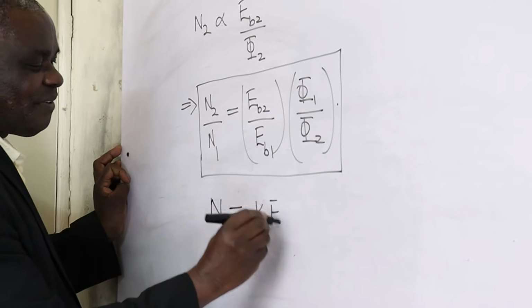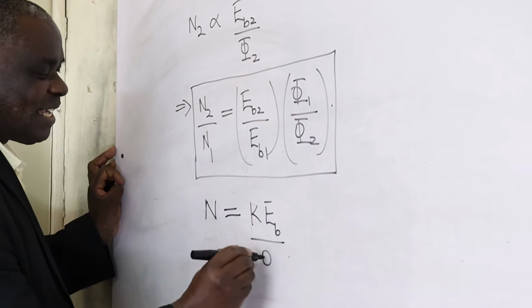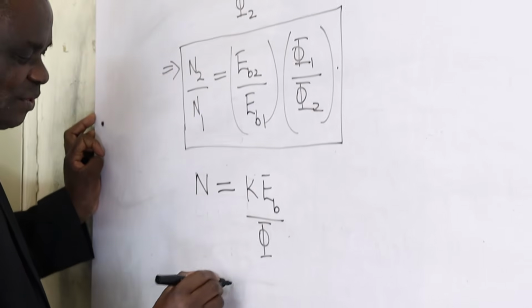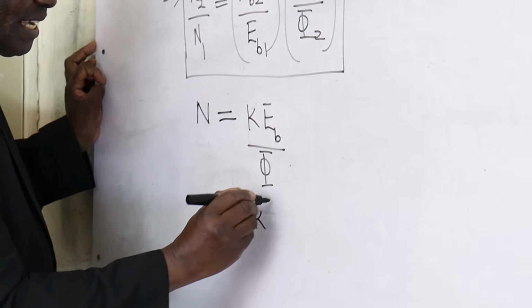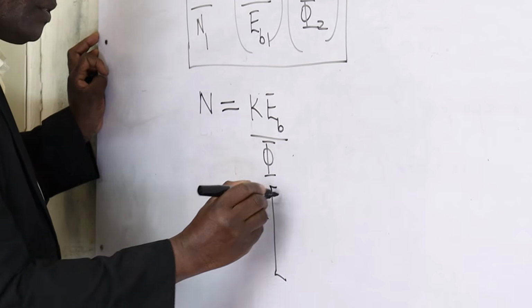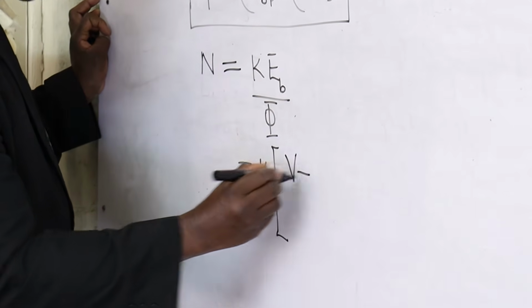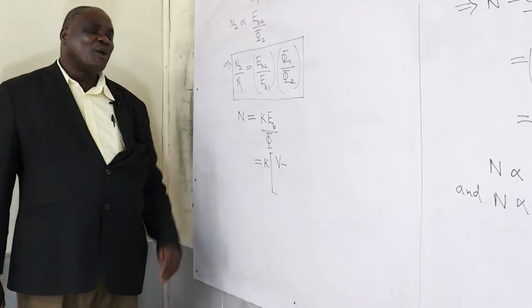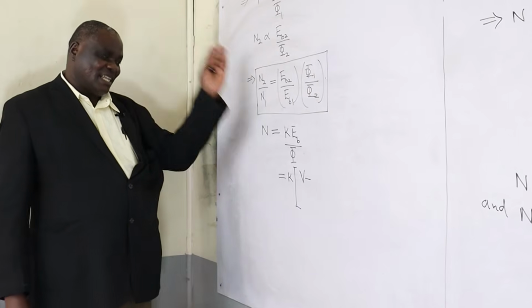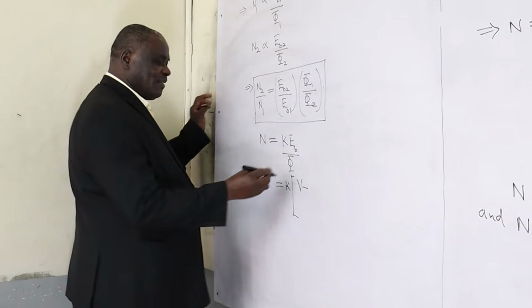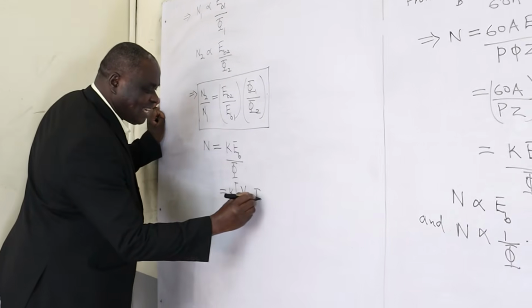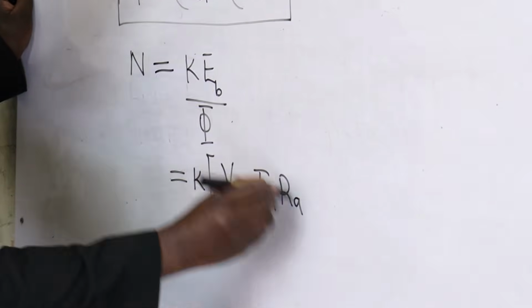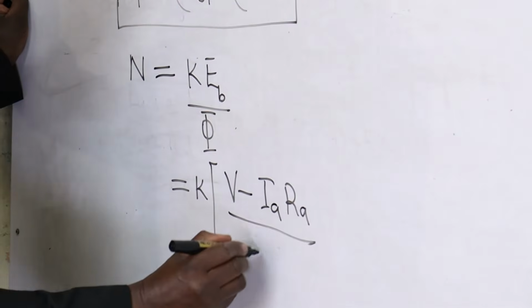K EB all over phi, which will be the same as K into EB. EB can be found taking a case of, let's say, analysis of the most common DC motor, the shunt motor. So V minus IA RA will give us EB, all over phi.